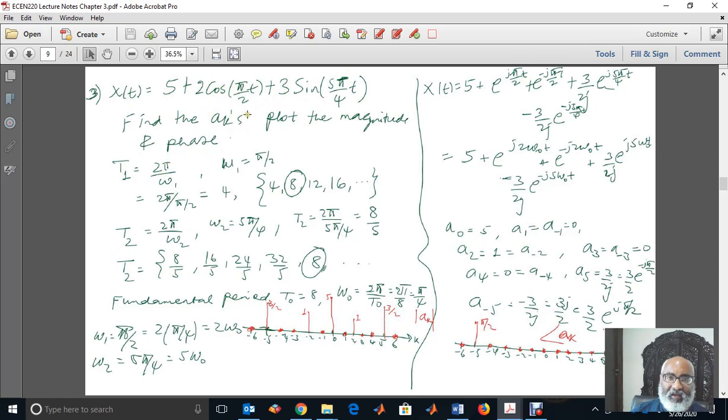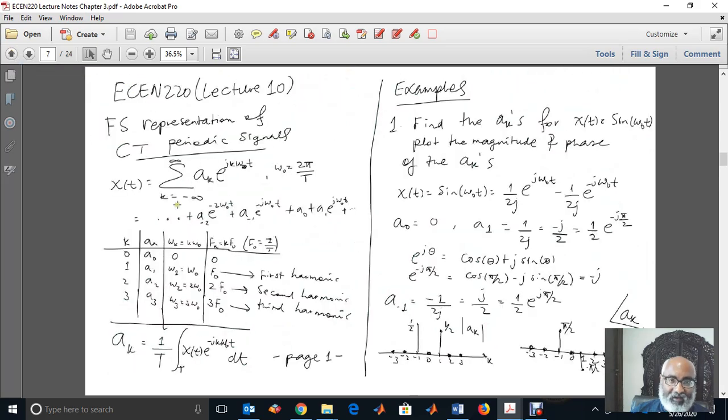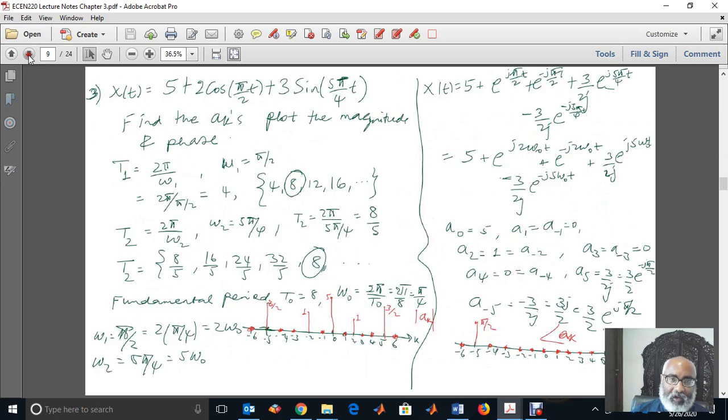And from the fundamental period, we determine omega naught, because when we expand, remember the formula, it's a function of omega naught, like 2 omega naught, 3 omega naught, and so on. So we need to know omega naught.